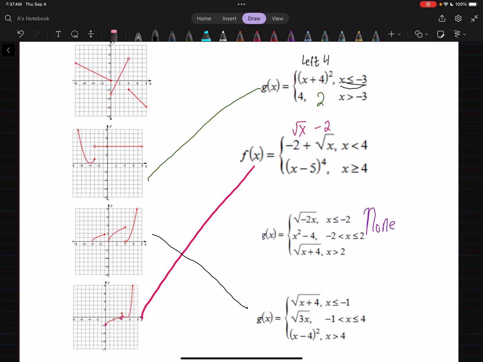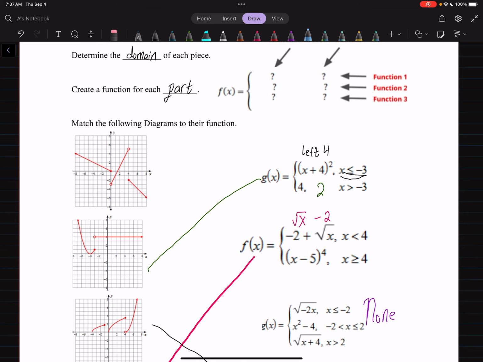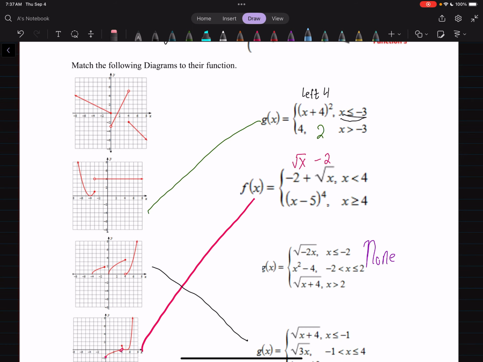If you were doing this, I believe you would very quickly make the mistake and pair the first function to this third set of equations. These do not pair together. Make sure you are reading each and every one of these functions and looking at the diagrams. So this is also none.